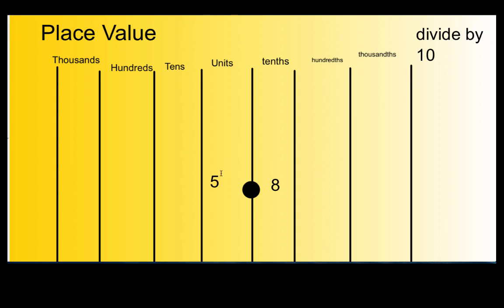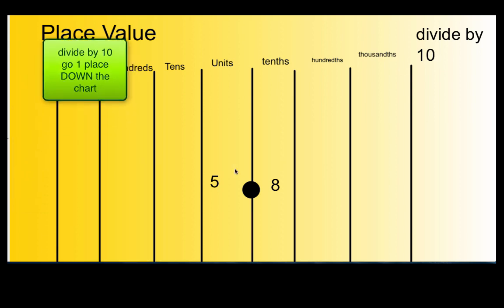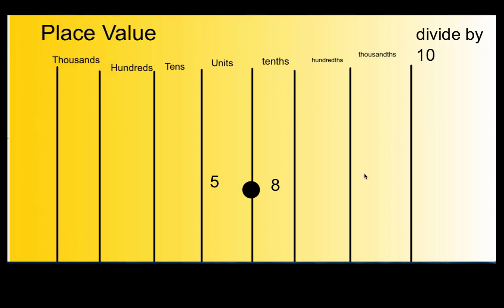If when we times by 10 we move up the chart one place, if we divide, which way do you think we go? If we multiply, we go up. If we divide, we go down. And because we're dividing by 10, there's the 1 0 there, we're going to go down this way one place.